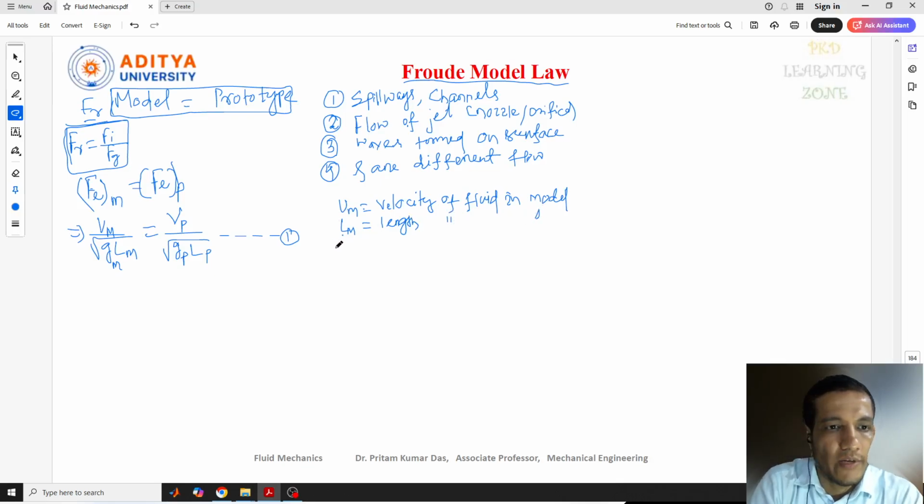And similarly one more is Gm, the acceleration due to gravity of the fluid in that particular model. Similarly, the other terminologies are Vp, Lp and Gp. These are the similar conditions for the prototype.